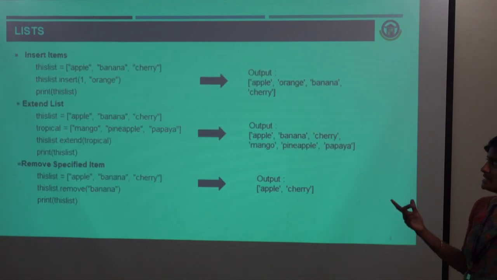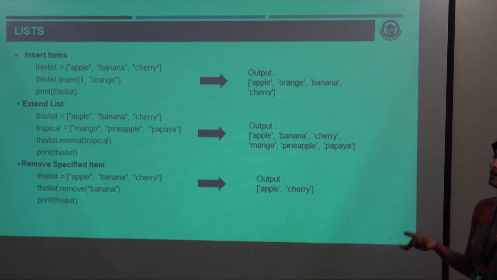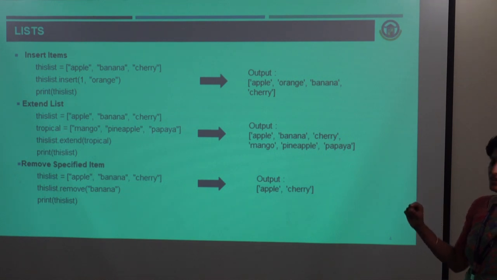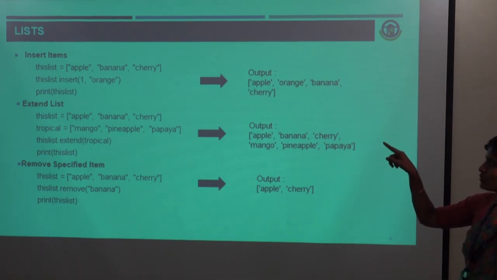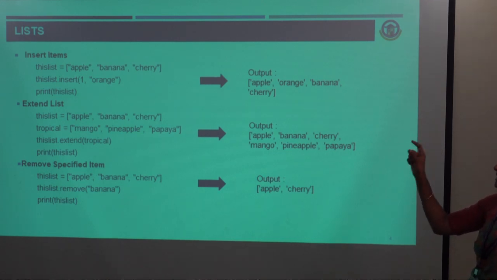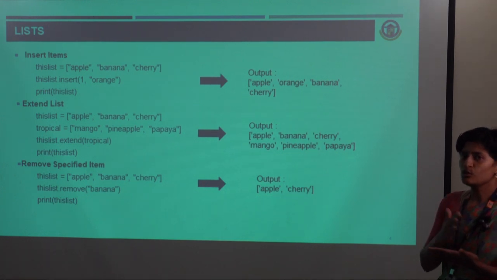Next one is the insert command. Using the insert command we can also insert values into the list by using position values. See this example, where we are using the insert command. Here the position is 1, so orange is placed at the first position in the list. In Python, indexing starts from 0, so 0, 1, 2, 3.